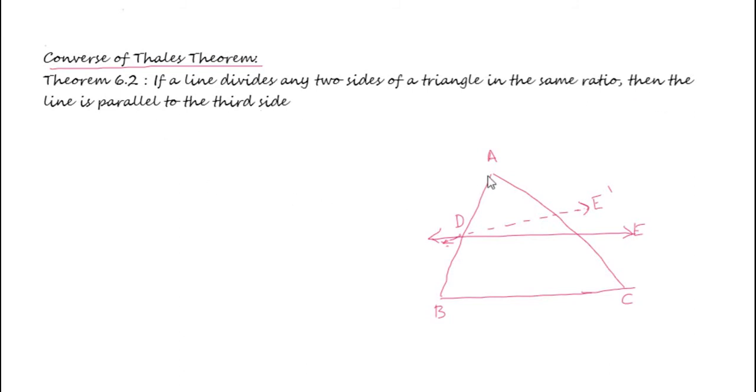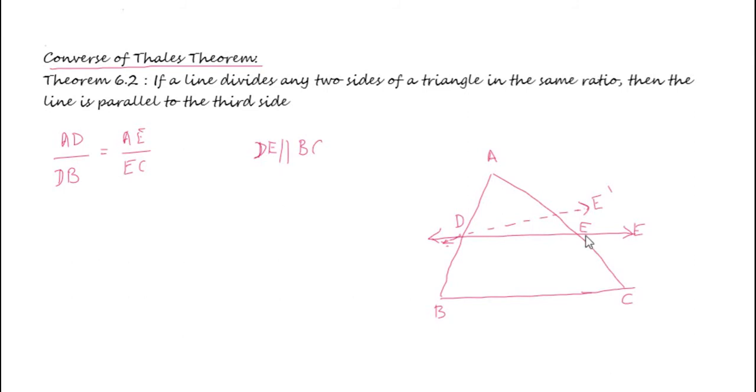What is given is this triangle, and a line is drawn such that AD divided by DB equals AE divided by EC, where this is E. You need to prove that DE is parallel to BC.